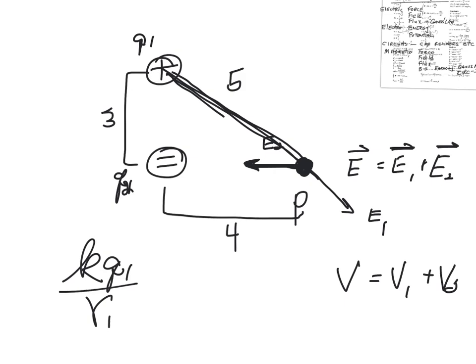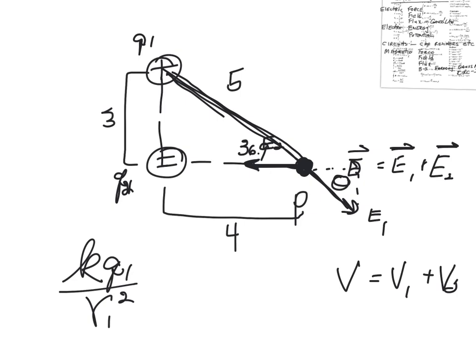And if it were the field, then this would be squared. You'd get this value, and you'd have to get the x and the y components. You'd have to find that angle. And it's a 3, 4, 5, so this angle is going to be 36.9, right?